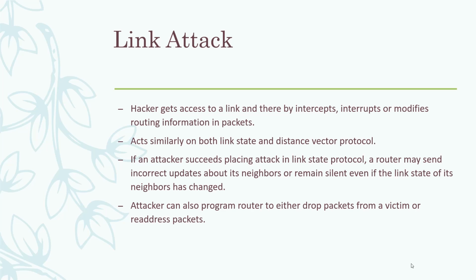If an attacker succeeds in placing an attack in the link state protocol, a router may send incorrect updates about its neighbors, or it might remain silent even if the link state of its neighbors has changed. The attacker can also program a router to ensure that packets from a particular victim are dropped, or the packets can be readdressed to some other destination.